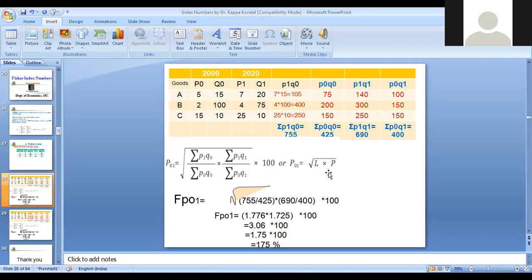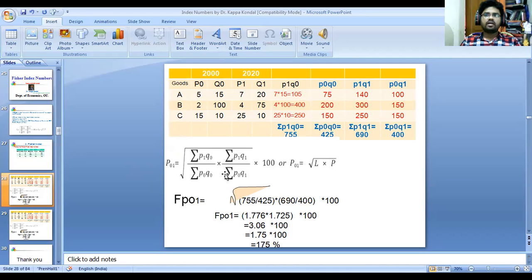Yes, sir. Okay. Then when you observe the results, the base here is nothing but 100%. As per the Fisher index number, how much did we get? 175%.